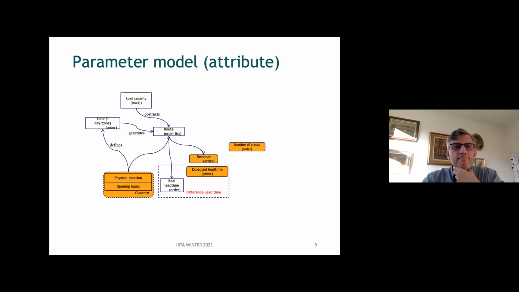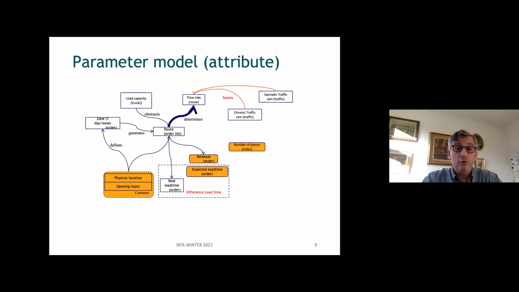So the load capacity has an impact on the route, and it has an impact on the revenue, as does the time, because the person making the route also needs to think about how long it takes to actually drive from A to B, from customer to customer.